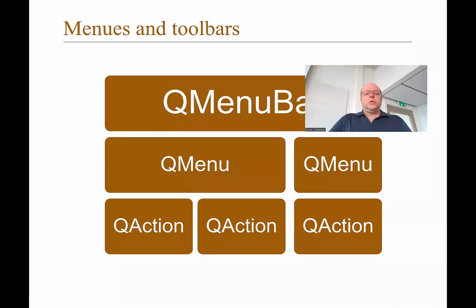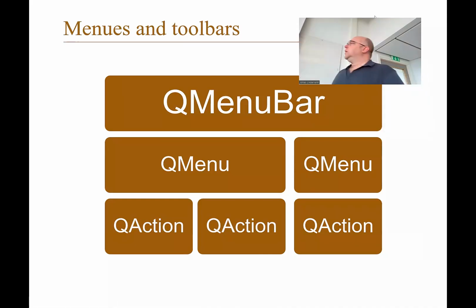So also to make a Windows application or desktop application, you need menus. And in Qt, there is a class structure here, QMenuBar, that is added to the top of your window, the kind of top container of your menu. And then you add menus to this menu bar and items to those menus.